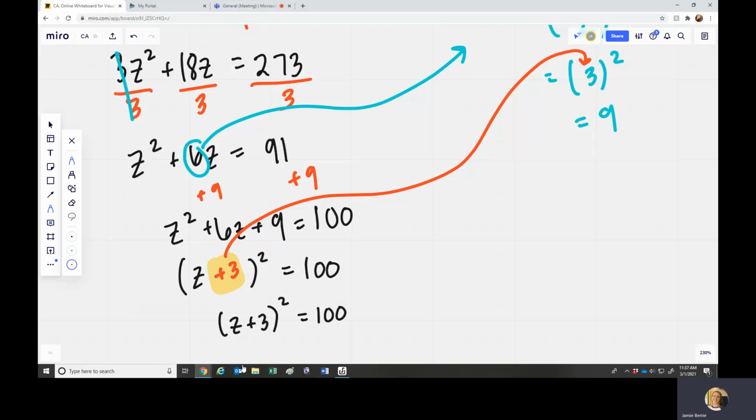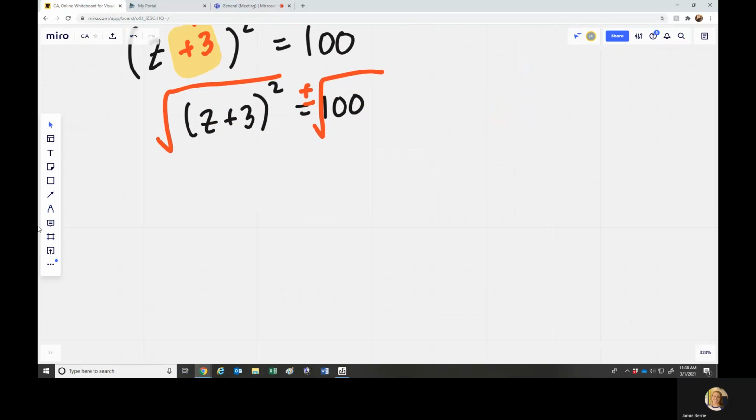Go ahead and take the square root of both sides. Don't forget to do the plus or minus on the number side. Let me scoot my page down. On the left-hand side, the square cancels with the square root.